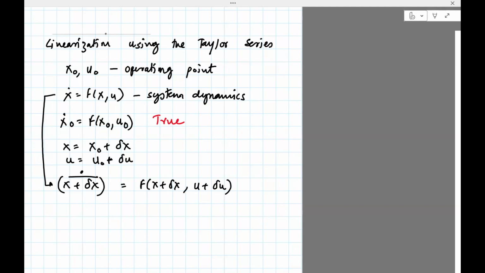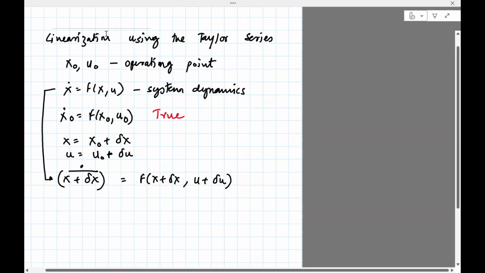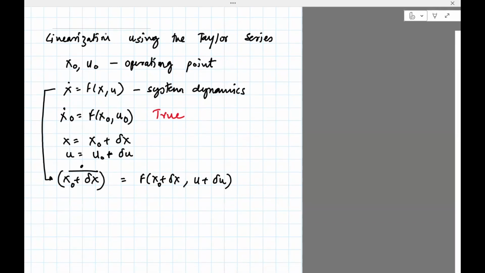You might have seen Taylor series before in one dimension, but it's very versatile. You could do it in any dimension. Here it's two variables, x and u. So this is x0 dot plus delta x dot equals.